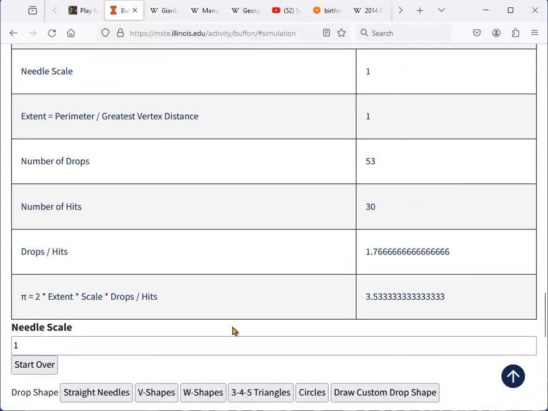And because it just keeps on going here, I cannot look at the last 10 here. I would have had to keep track of that. But so far, I dropped 53 needles, 30 hits, and then it makes a computation, an approximation of pi, 3.53, in the neighborhood, but not really that close, right?